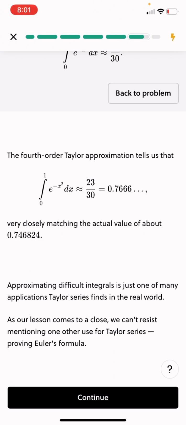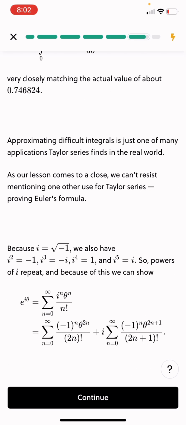Approximating difficult integrals is just one of the many applications Taylor series find in the real world. As our lesson comes to a close, we can't resist mentioning one other use for the Taylor series, proving Euler's formula. Because i is equal to the square root of negative 1, we also have i squared equals negative 1, i cubed equals negative i, i to the 4th equals 1, and i to the 5th equals i.